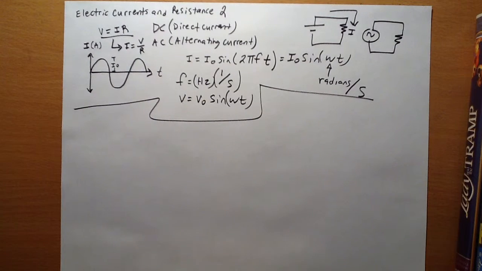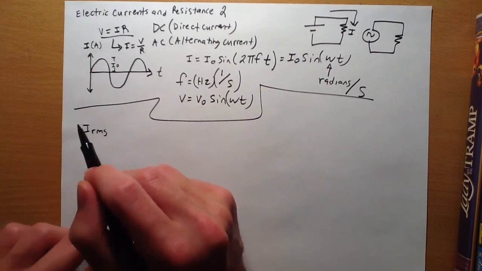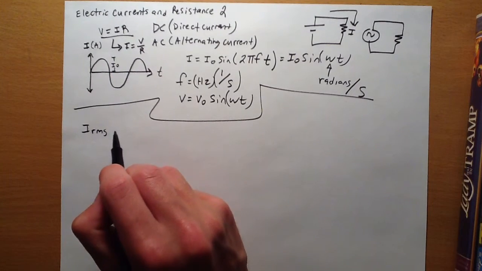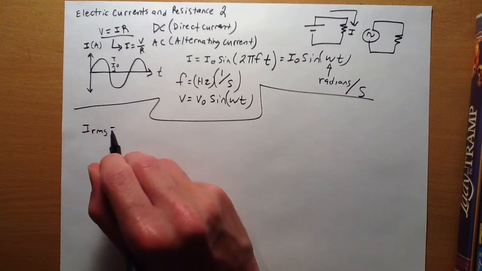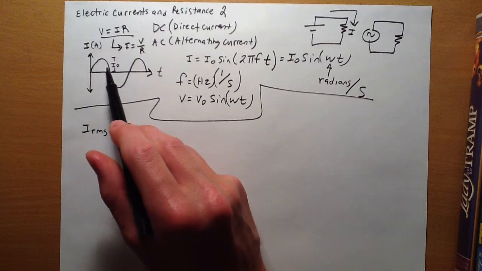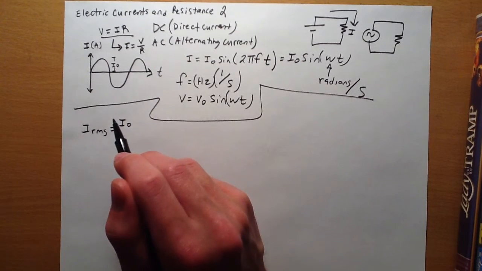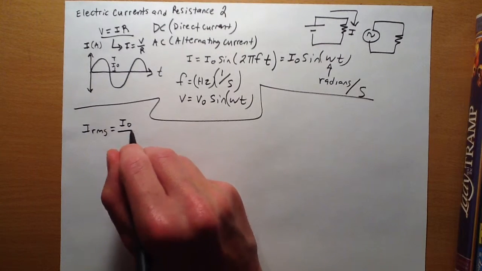Now, when we talk about alternating current, there are a few things we just need to memorize. If we have an equation sheet on our test, we just need to write them down so we know. The first is I RMS. And this is current root mean squared. To solve for current root mean squared, we take the peak current, which is the amplitude of this function, or the maximum current at any time, divided by the square root of 2.